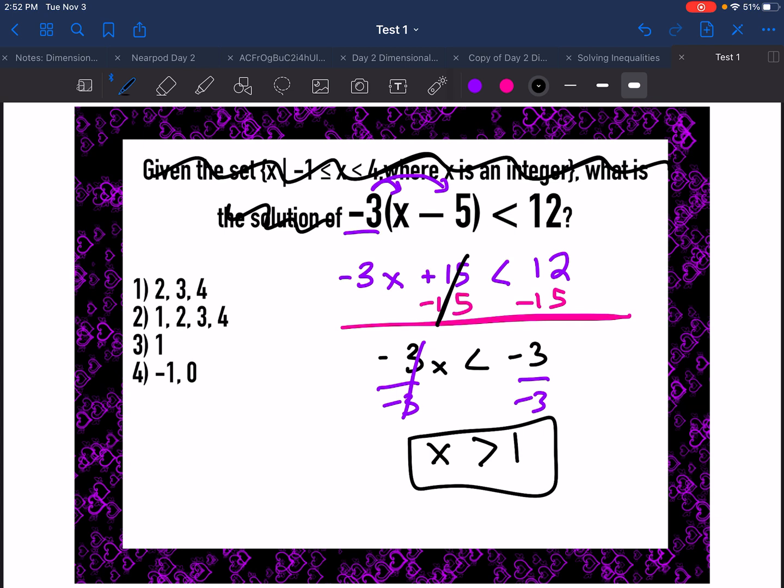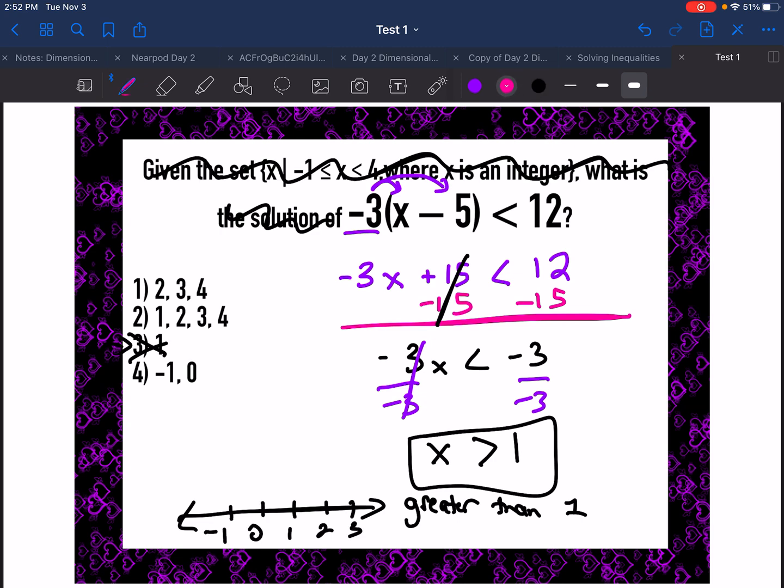However, I look at my choices, and I know 3 looks super tempting as an answer, but remember, this is an inequality. It helps if you write down the inequality. I want numbers that are greater than 1. You can also set up a number line with 1, 2, 3, and then 0, -1.